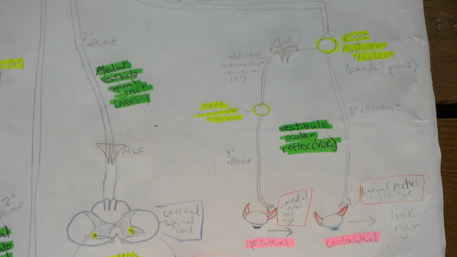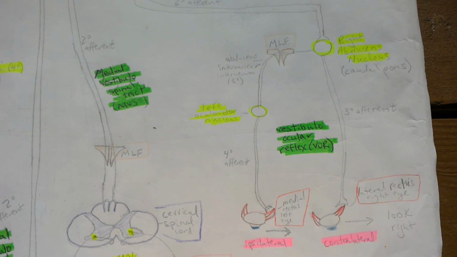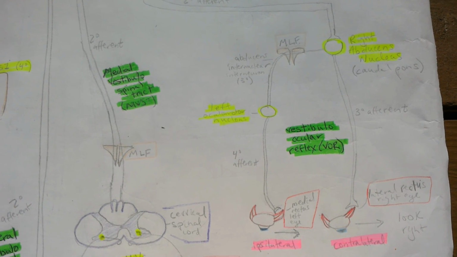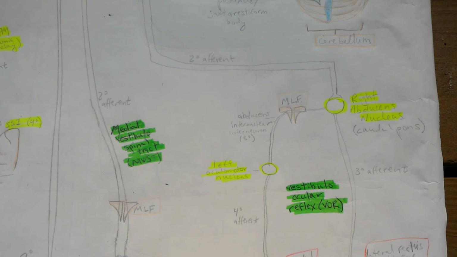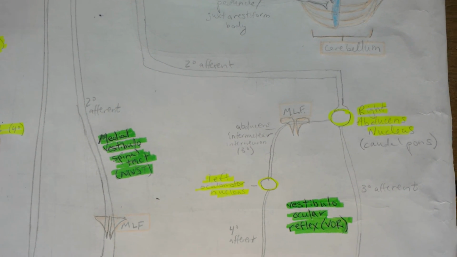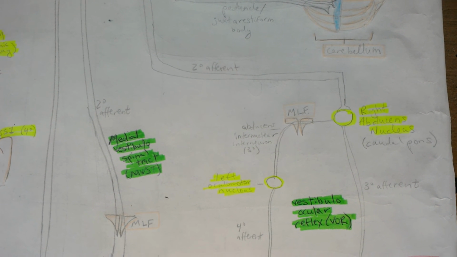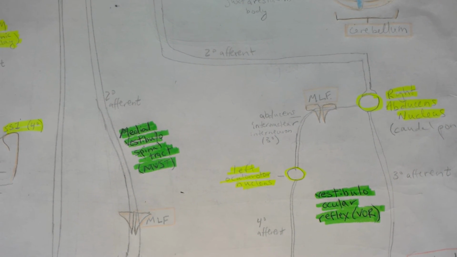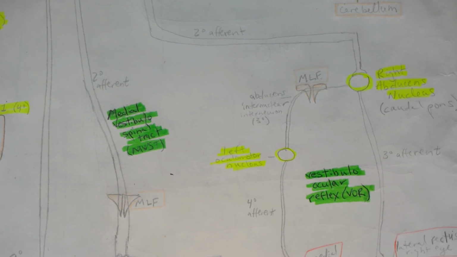Alright, so we've moved our right eye to keep it focused, and in order to keep our conjugate eye movement, we also have to move the left eye. The way that happens is the right abducens nucleus sends an abducens internuclear interneuron through the medial longitudinal fasciculus to the left oculomotor nucleus.